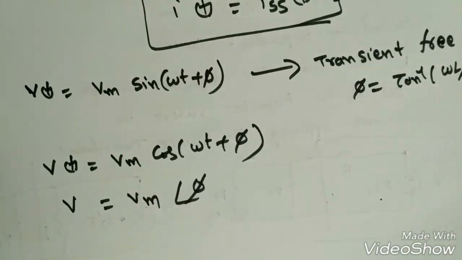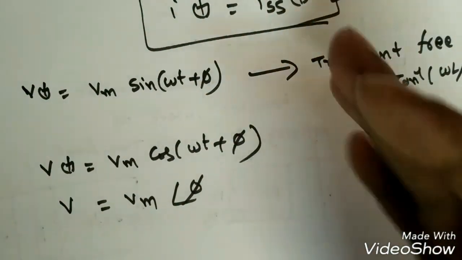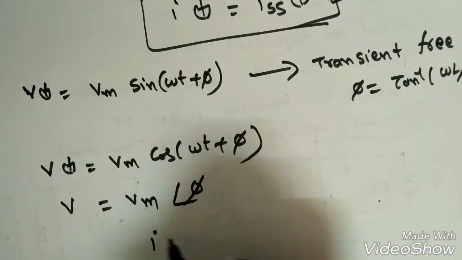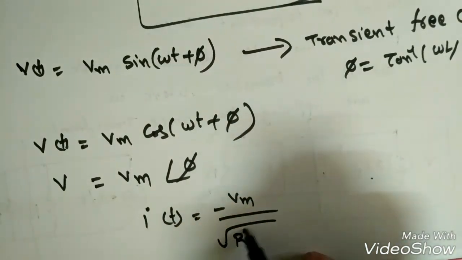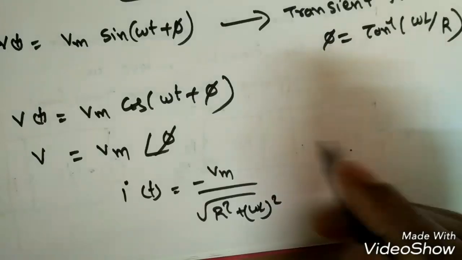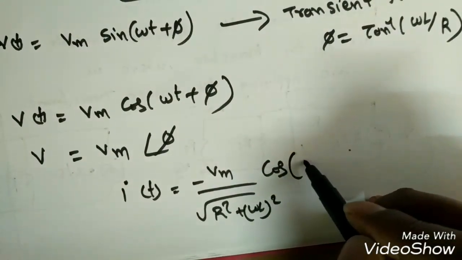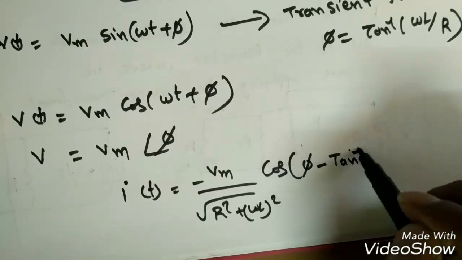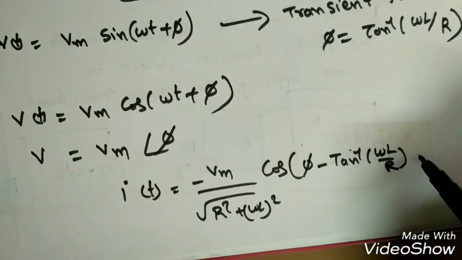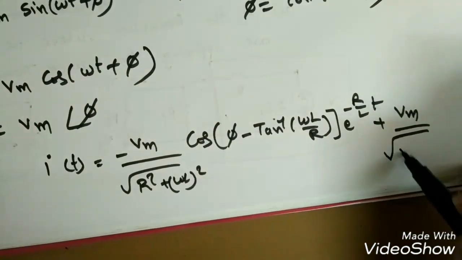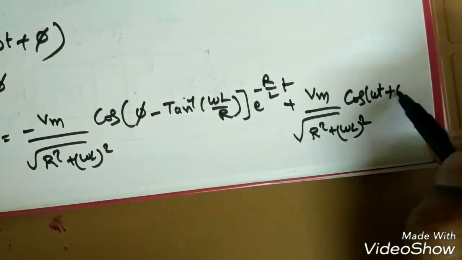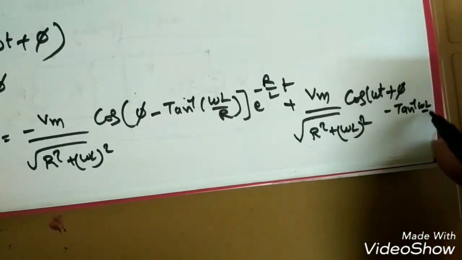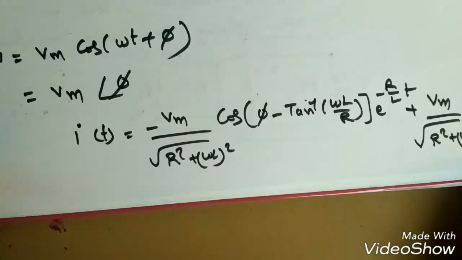If you follow the same procedure, what I will get is i of t is equal to minus Vm by square root of R square plus omega L whole square, here we will get cos of phi minus tan inverse omega L by R, into e power minus R by L into t, plus Vm by square root of R square plus omega L whole square into cos of omega t plus phi minus tan inverse omega L by R. So this is the total response we will get.